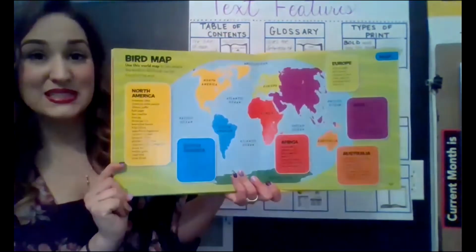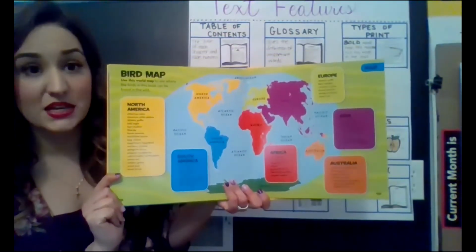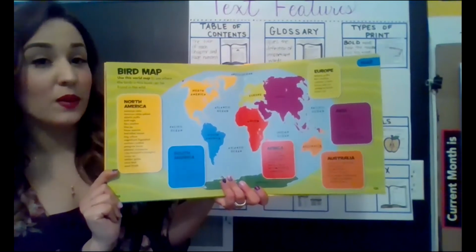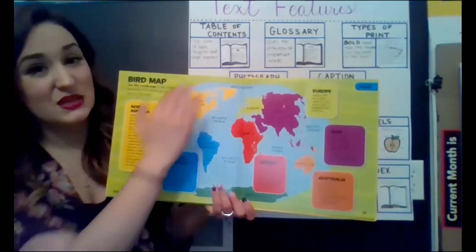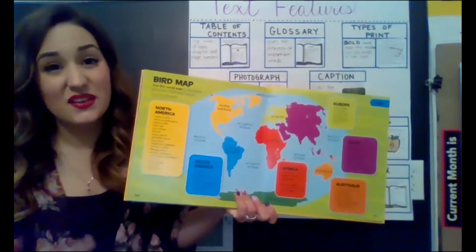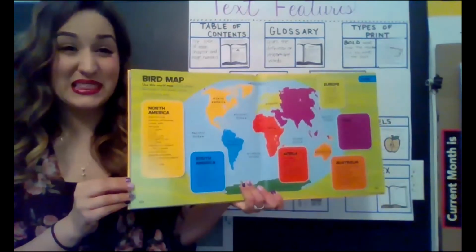Sometimes nonfiction books have maps in them to give us more information. So it might tell us about where we can find something or where something travels. It's going to give us some more information about places.